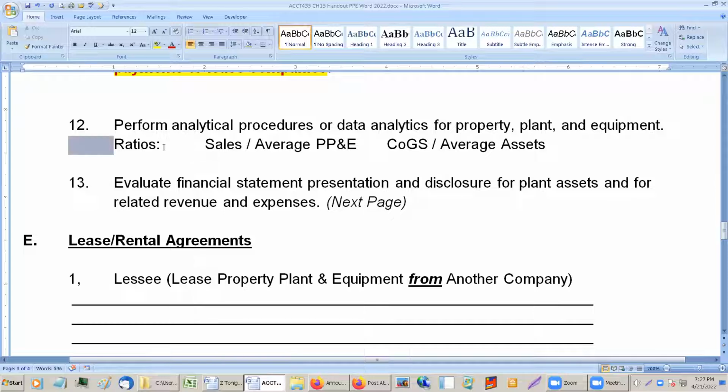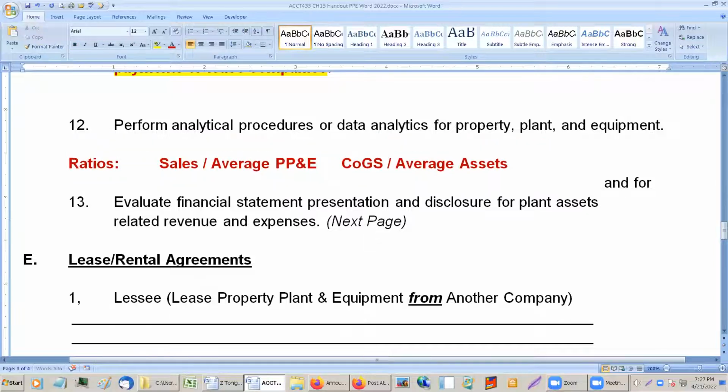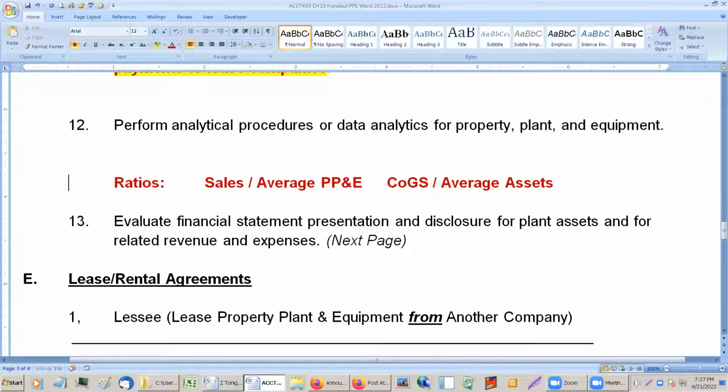So, you know, there could be a number of these things you do, and you look for reasonableness. You remember the analytical procedures. You're looking for plausible relationships.